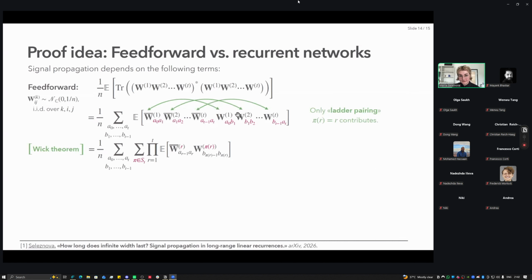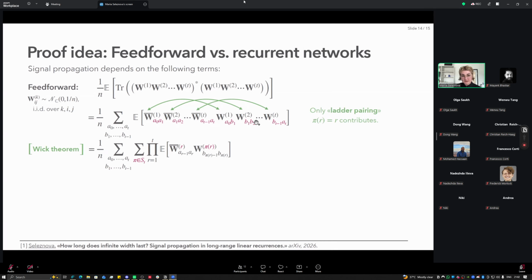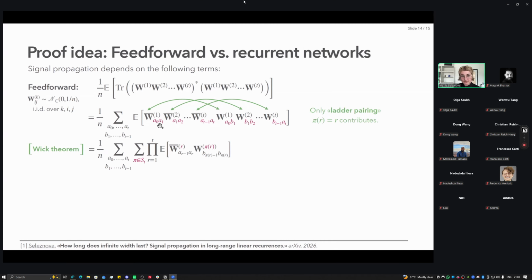Yeah, so for feed-forward networks, everything is particularly simple here because in this sum that we have in the Wick theorem, where we consider all the possible pairs of the Gaussian entries in this long product, the only entry that gives us a non-zero covariance is the so-called ladder pairing, that for every matrix of a given layer pairs it to the non-conjugated matrix of the same layer.